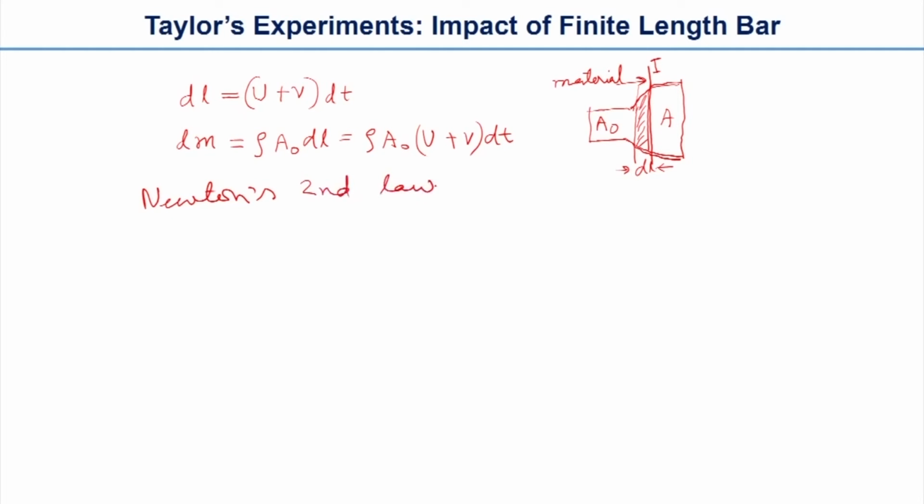we have force equal to acceleration into the mass. So, force here is (A minus A naught) into the stress, and sigma yd is nothing but the dynamic yield stress.